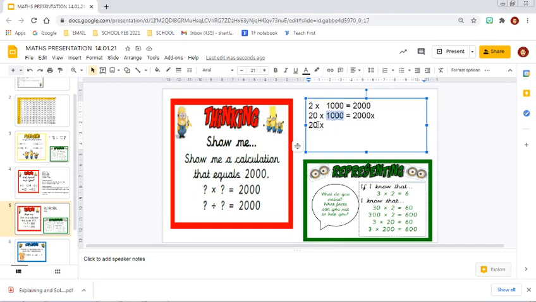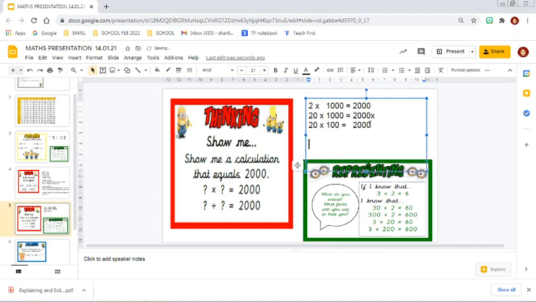And now, because I've made this 10 times bigger, I'm now going to make this 10 times smaller. So my 1000 is going to become 100. Now I've got 20 multiplied by 100, which gives me 2000.